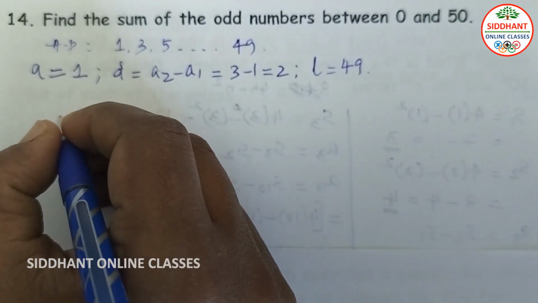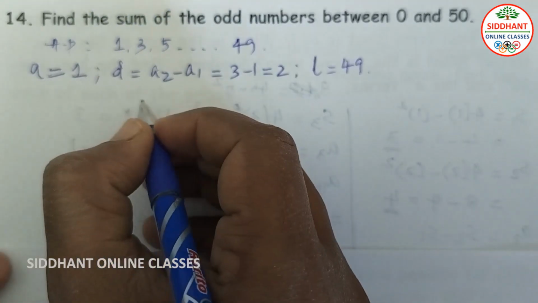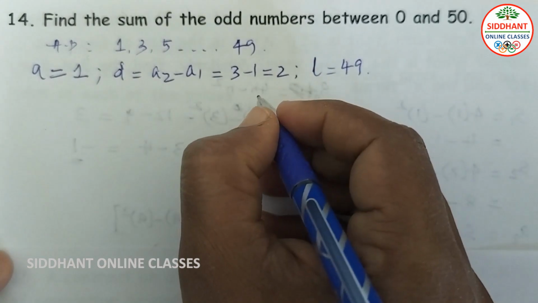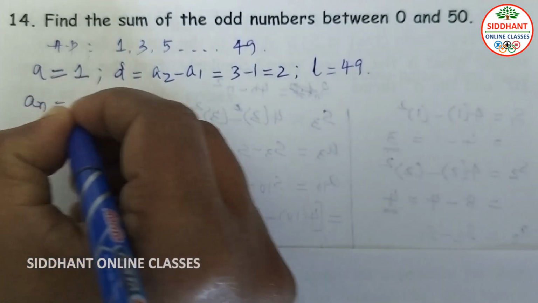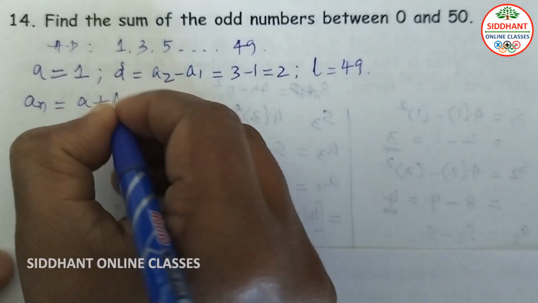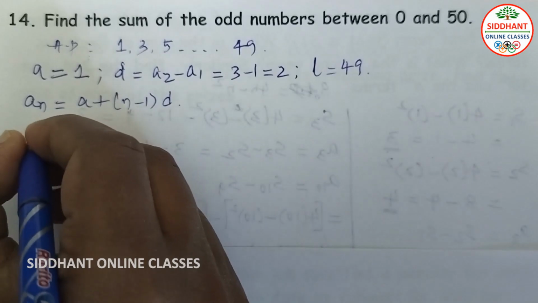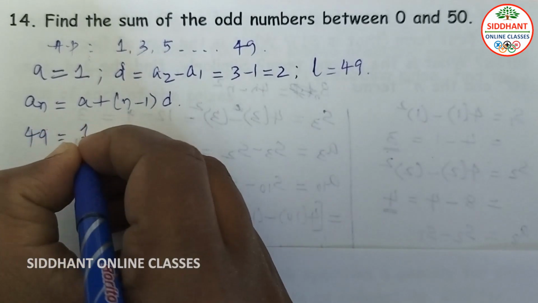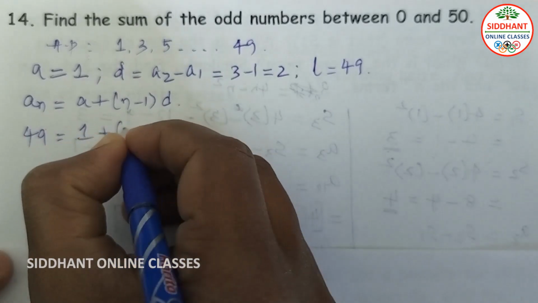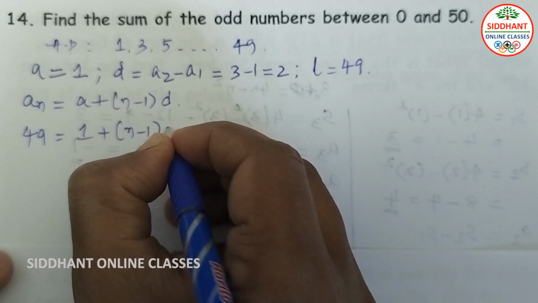Now we are going to find out the n value, and after that we are going to find out the sum. So an equal to a plus n minus 1 d. So an means the last number, which is 49, a the first number 1, plus n minus 1 which we don't know, and d, which is 2.